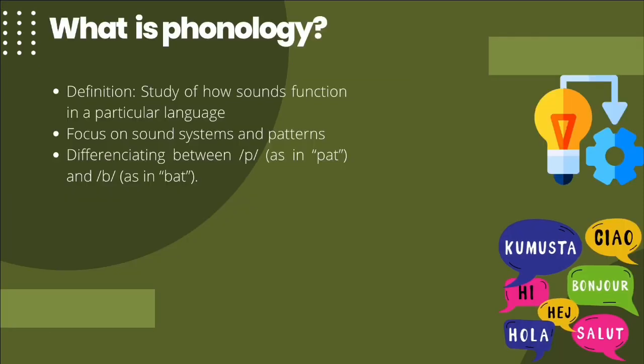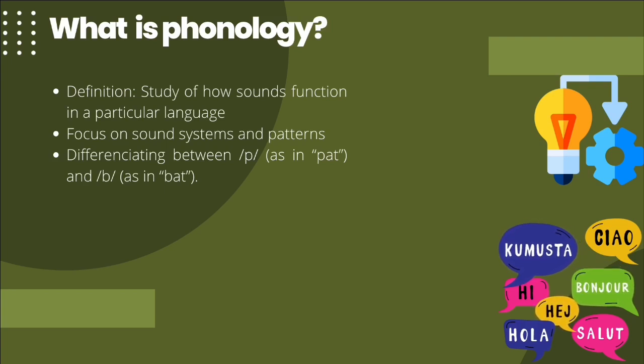All right. Now, what is the meaning of phonology? Phonology, on the other hand, is the study of how sounds function within a particular language. It looks at the rules and patterns that govern the sound system of a language.